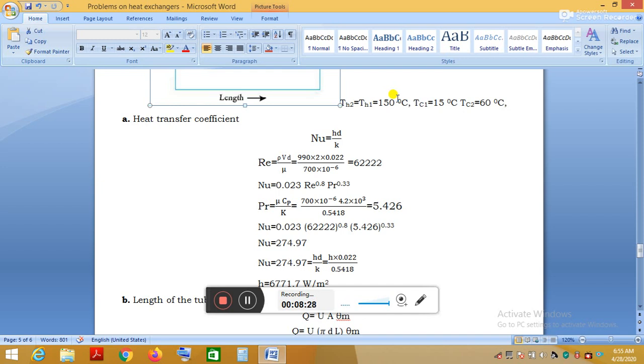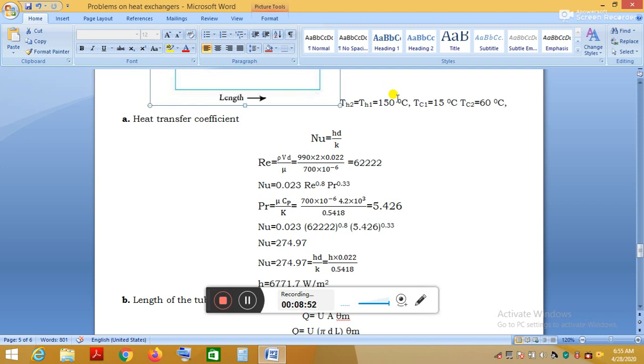Now we already know the value of Reynolds number. We need to find the Prandtl number, which is given by mu into Cp by K. The equations for dimensionless numbers are given on page number 112.